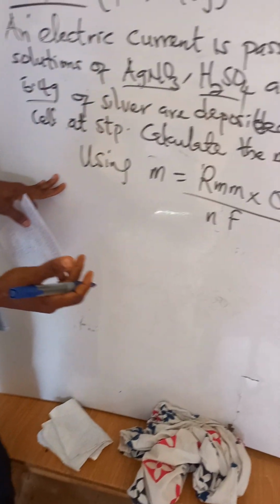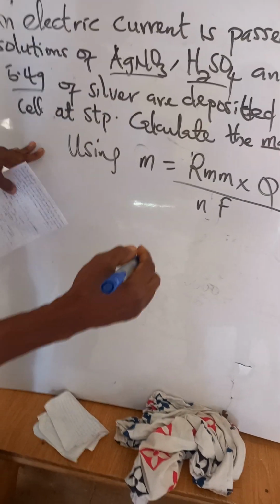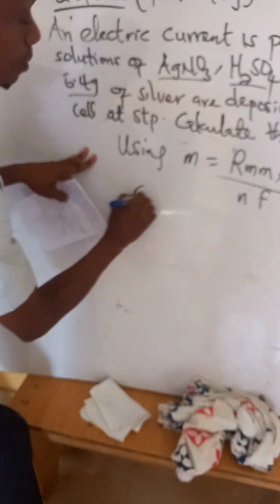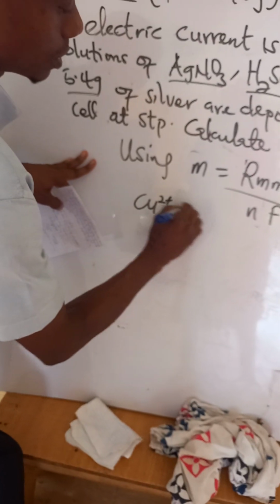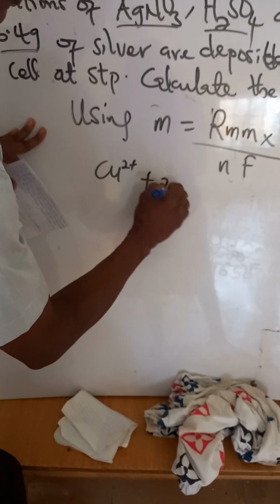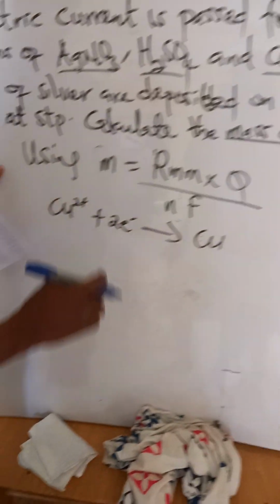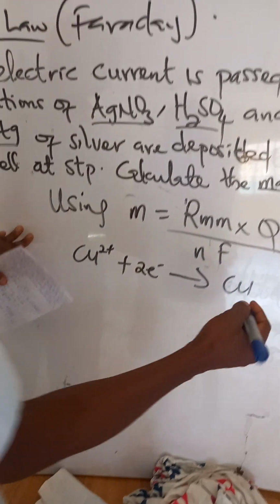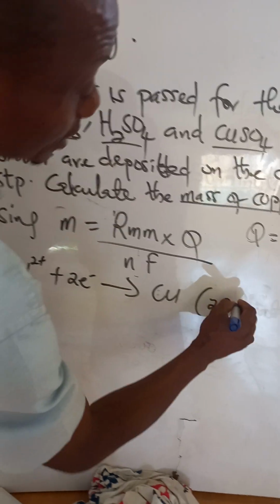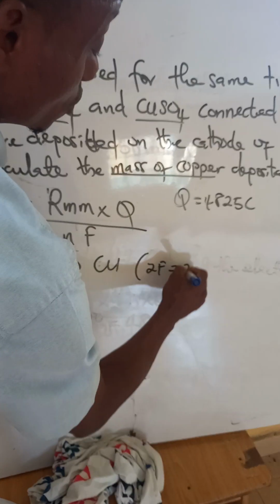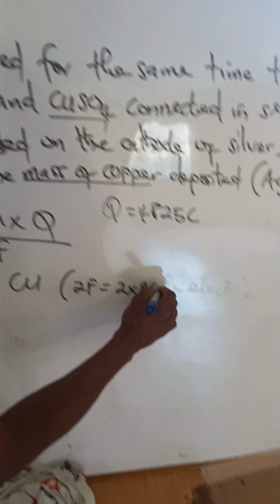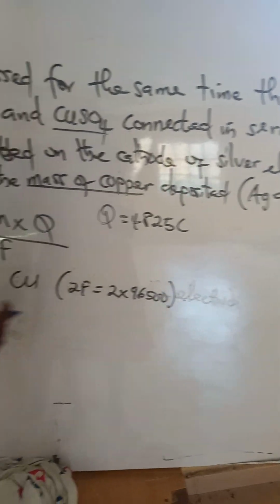We are going to write the cathodic equation, which is the reduction reaction. Copper 2 plus gains 2 electrons to give copper. So 2 electrons are gained, and that means we need 2 Faraday, which is 2 times 96500. That is what we are going to use.